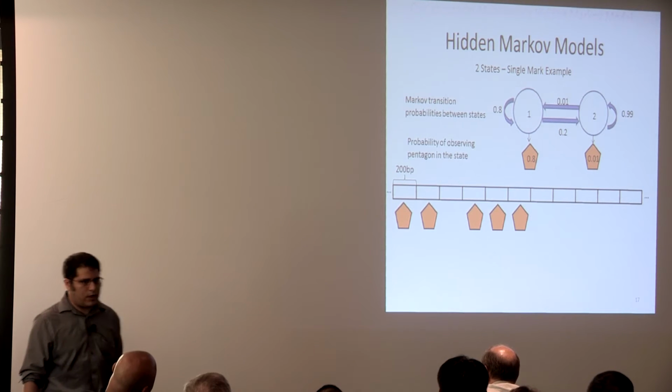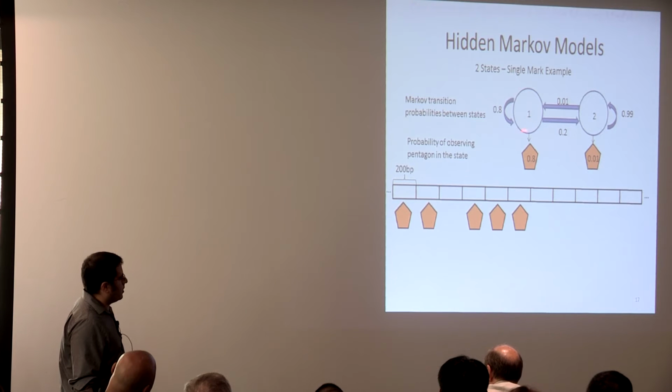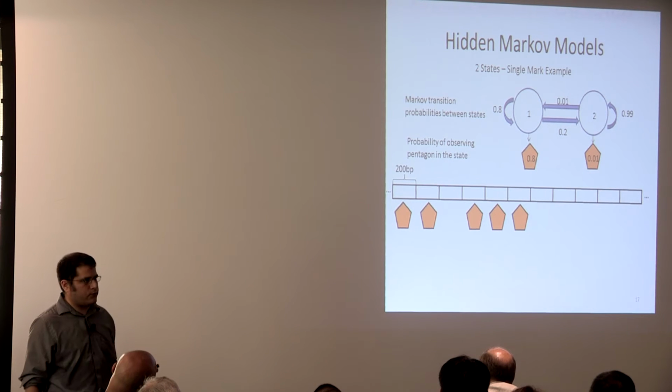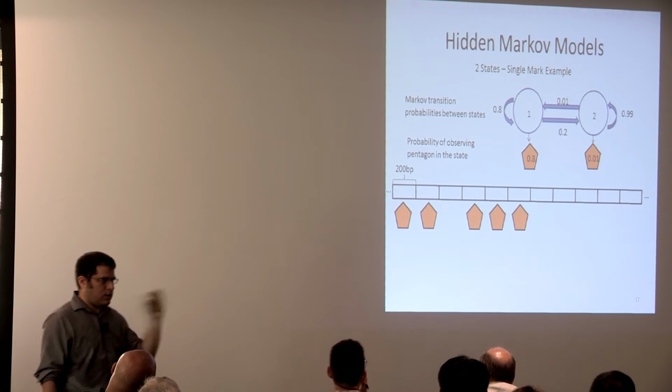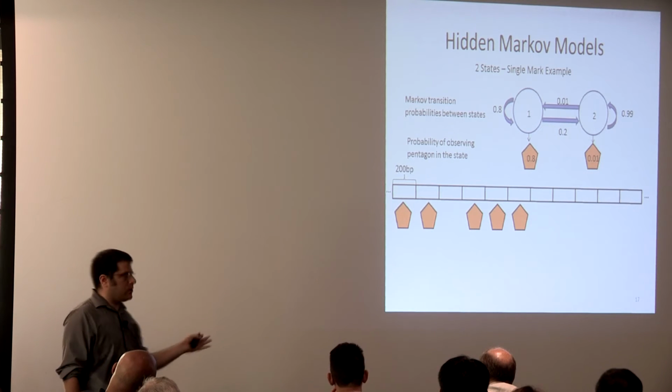Say we had 2 states and a single mark. So this would be state 1 and then state 2. What the hidden Markov model is based on is a notion of Markov transitions. It's saying, given your current state, your past history doesn't matter.